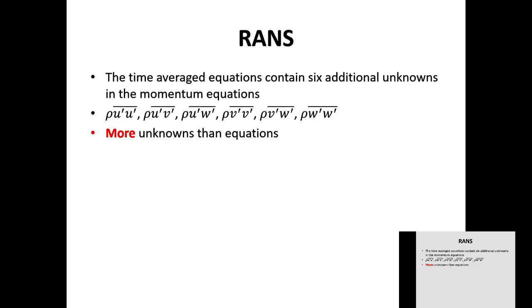U is your mean velocity component, and u dash is the random part. Your u dash changes, doesn't it? So you define u, v, and w all three the same way: u is equal to U plus u dash, v is equal to V plus v dash, w is equal to W plus w dash.